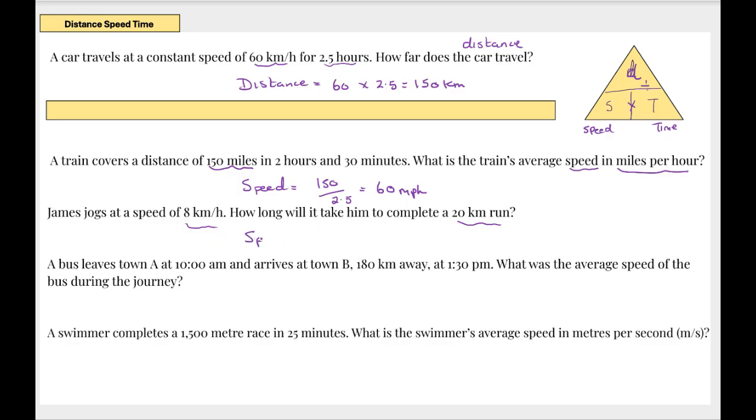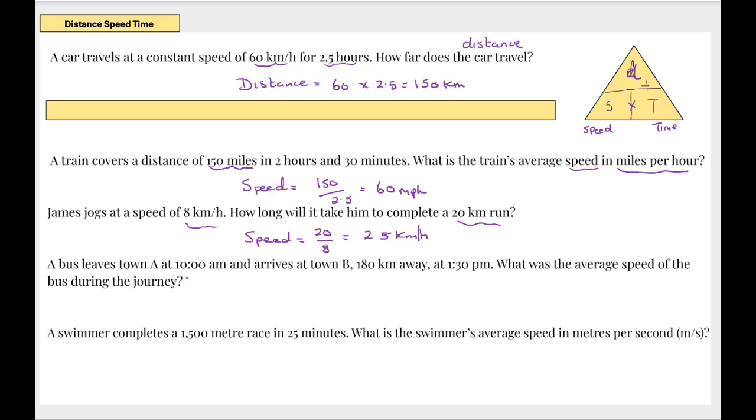So we're going to do time equals 20 on the top, over 8 kilometers an hour. Put it into your calculator, and the answer is 2.5 hours. This bit will be on your exam sheet, I should imagine, but it's always good to get into the habit of writing your units.